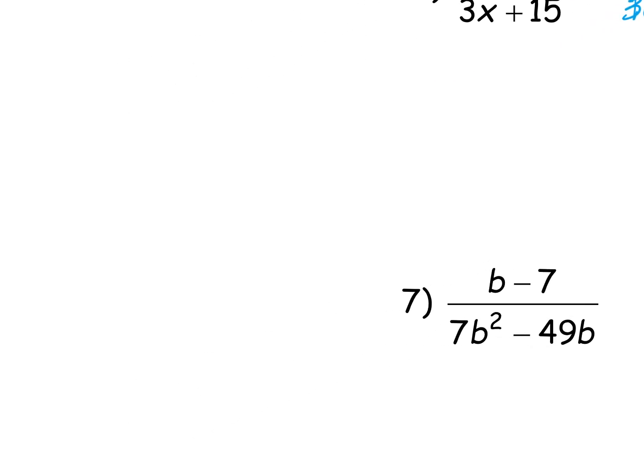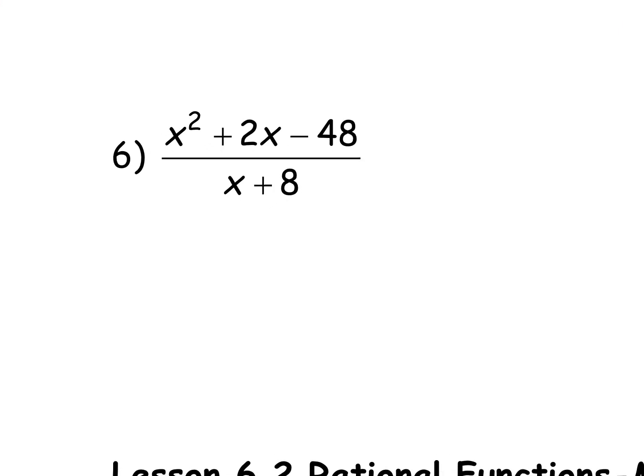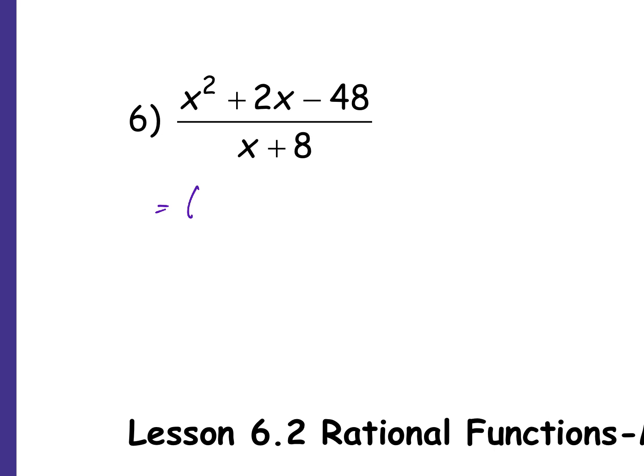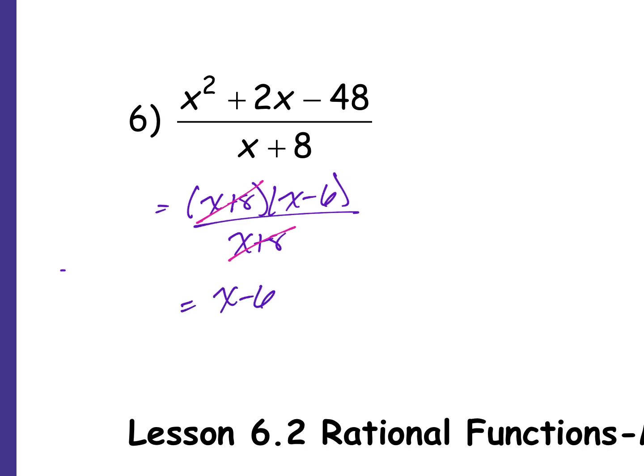And then, where's the next problem? There we go. I think that this factors to x plus 8 times x minus 6, all over x plus 8. And then those can go away. So I get left with x minus 6.